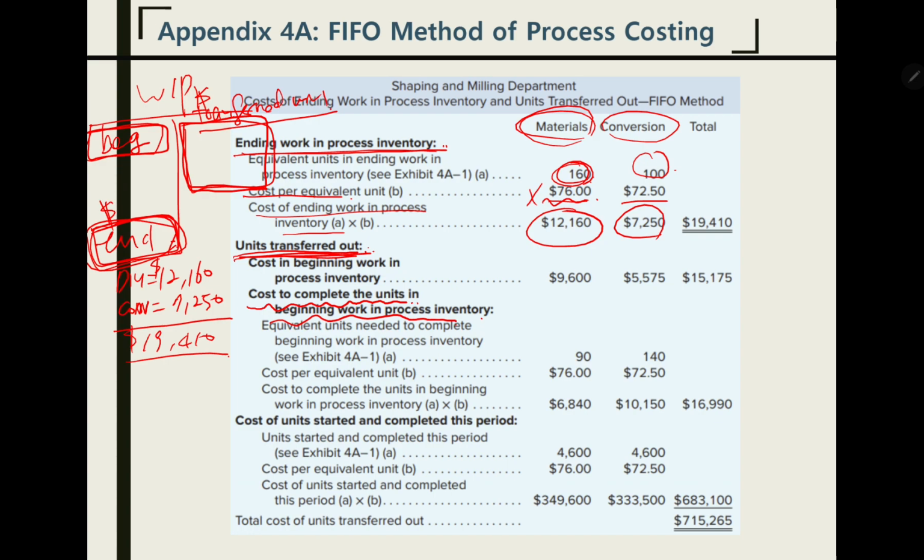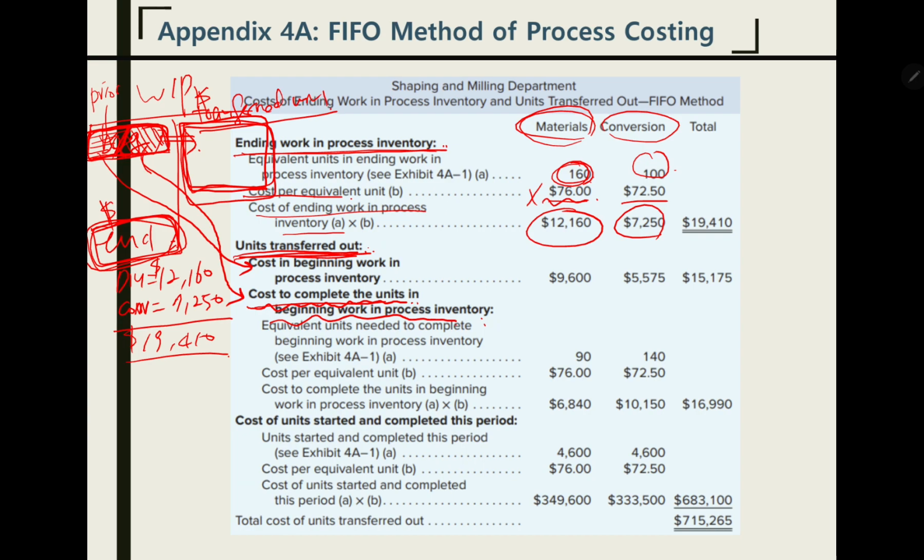So beginning inventory has two parts: already completed in the prior period and efforts made during this period. Okay, so this goes to this and this goes to this. Okay, so the dollar value of transferred out includes both, right? This part and this part, it includes both.